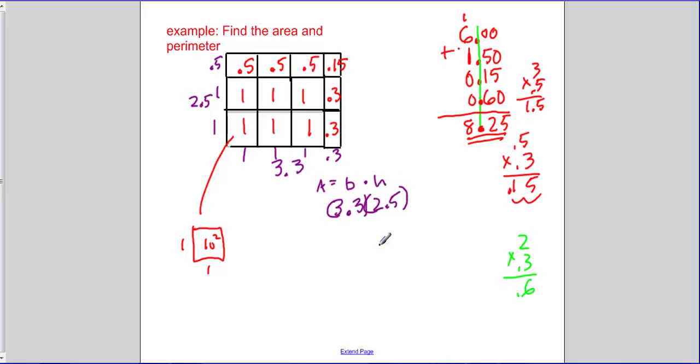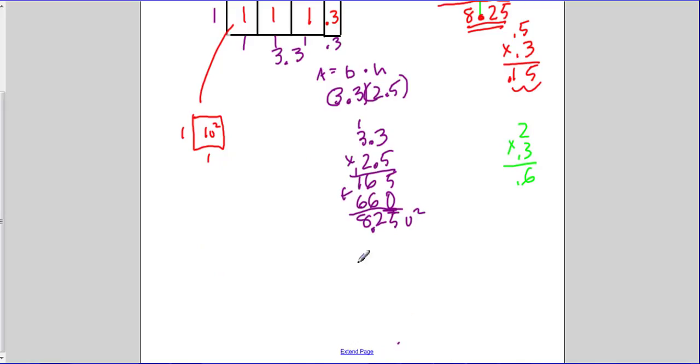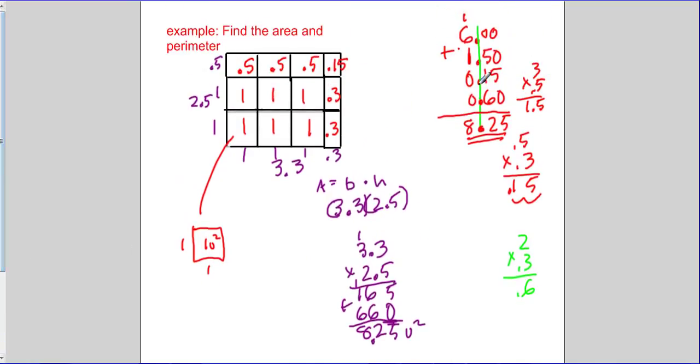So then I multiply those together. Put a placeholder 0 right here in the second row because I have to shift. So that's adding the columns here. That's moving the decimal point 2 places. That's 8.25 square units, which is what we got doing it the other way.